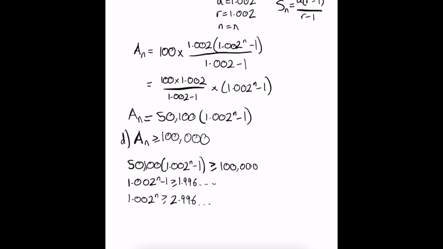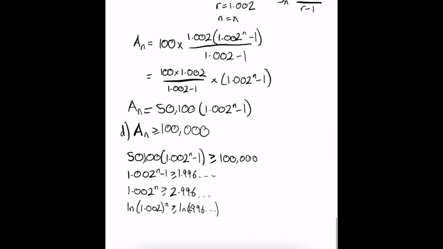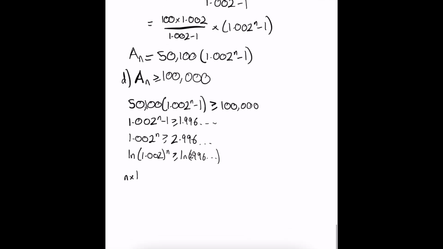And what we can do is log both sides. The purpose of logging both sides is for us to bring this power down. So we can say this is now n times ln 1.002 greater than or equal to ln 2.996. Then to figure out n, we say n is greater than or equal to ln 2.996 over ln 1.002.